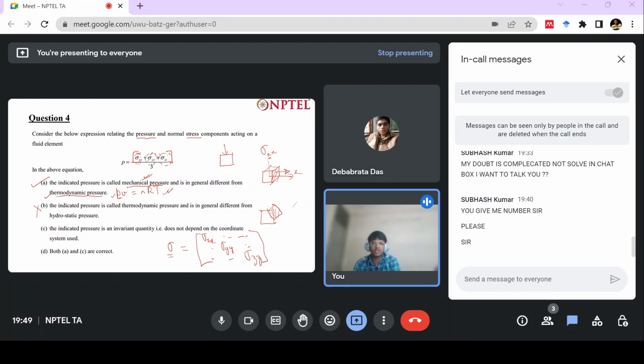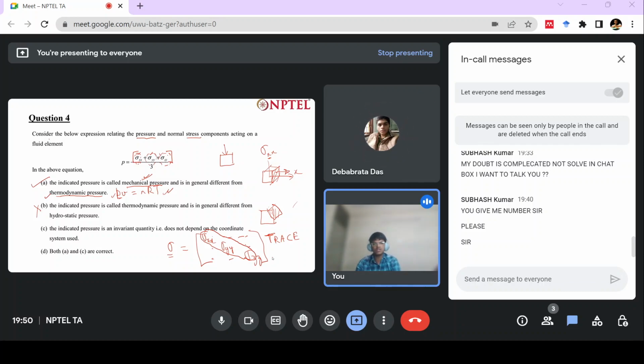So what is sigma xx plus sigma yy plus sigma zz? This is the sum of the elements of the diagonal, right? Yes, sir. This is also known as trace. This is just another term. So what is this basically? This is basically summation of your eigenvalues.